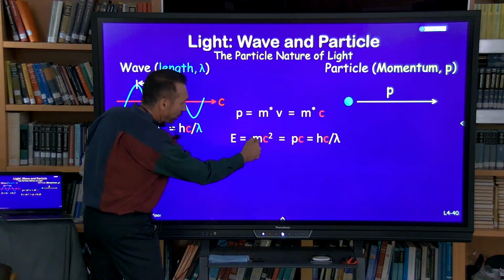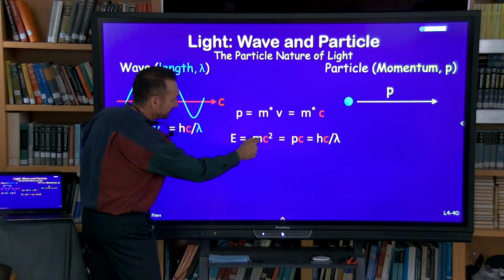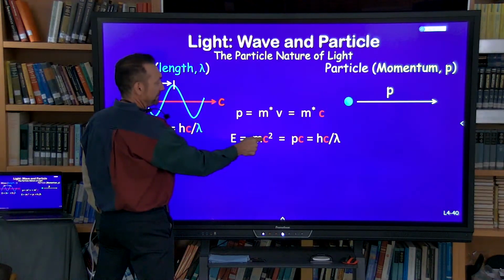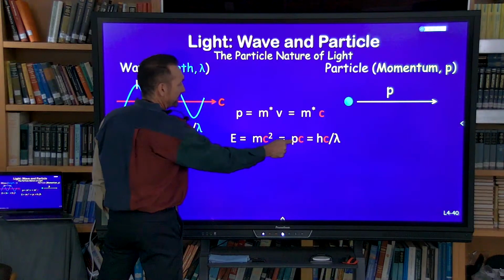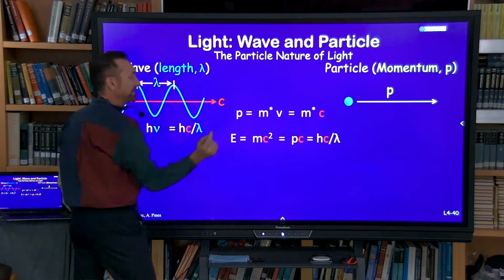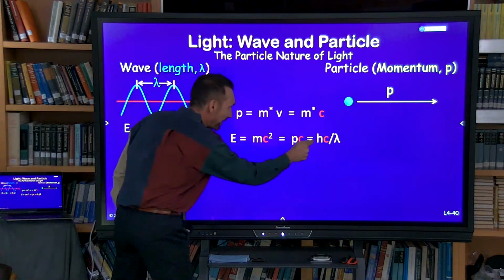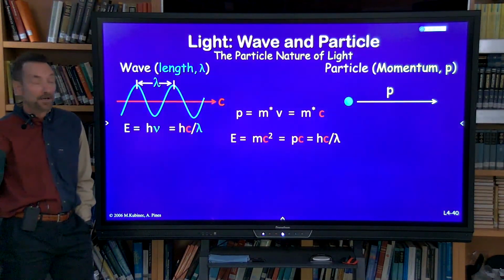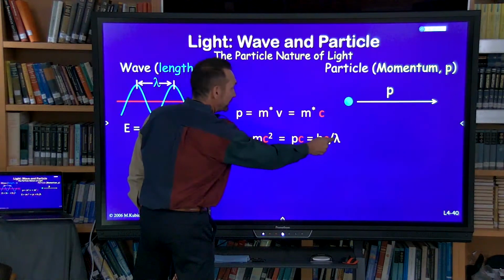Now I can take one of the m's and the c's as momentum. So I can replace m times c with p times c. So that momentum is in there, and that's still equal to the energy of the photon, hc over lambda.